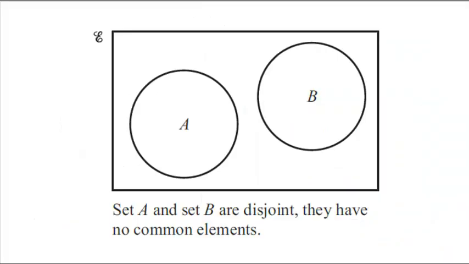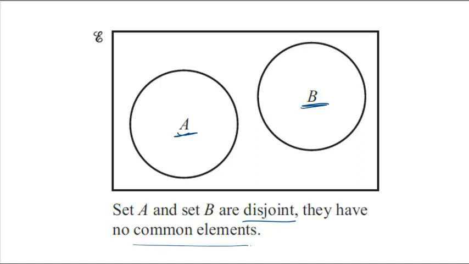Next up, we can have more than one event or set occur in our sample space. So we have event A or set A, and then event B or set B. These two events are disjoint, meaning they have no common elements.